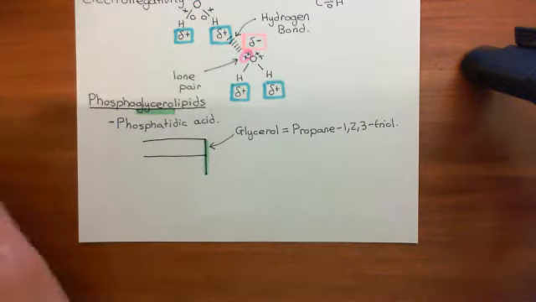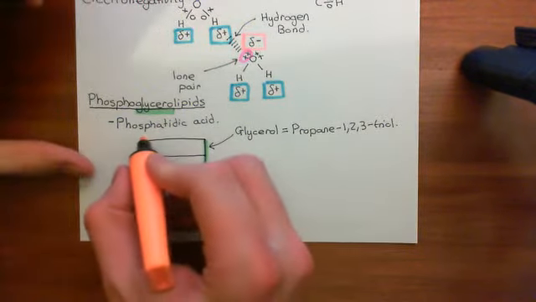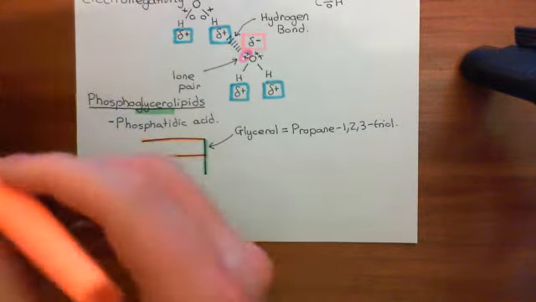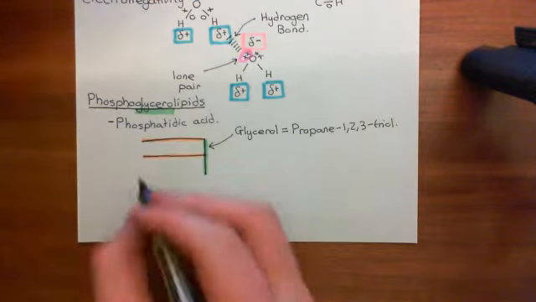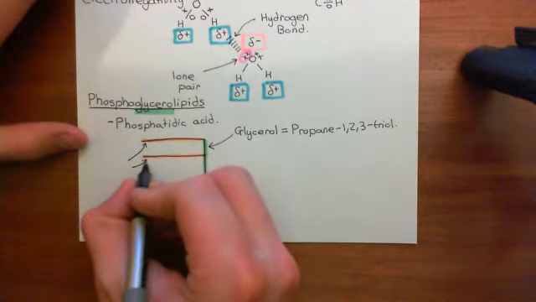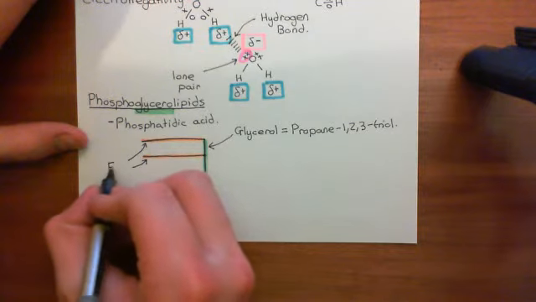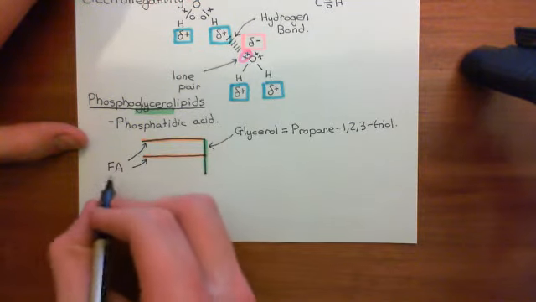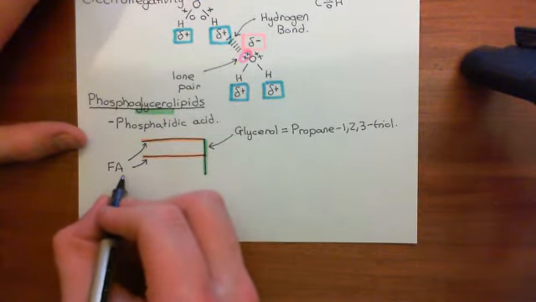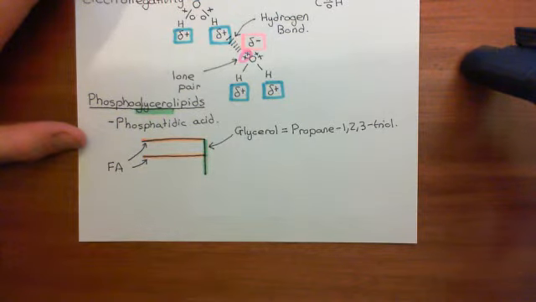So these horizontal lines that I'm now going to colour in orange here represent long-chain carboxylic acid molecules which have been attached via ester links onto the glycerol molecule at the first and second alcohol groups. Okay, so I'll put FA for fatty acids. It's just an abbreviation.